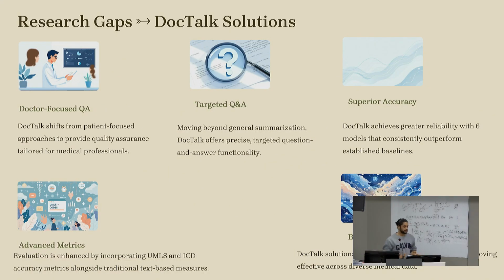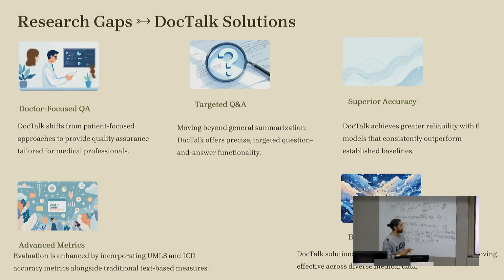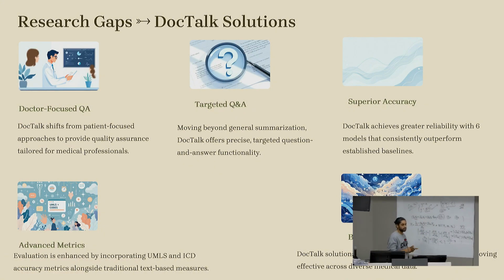So this is the research gap and how I solve it. First, I create the very first doctor-assistive question answering dataset. Then, the targeted question answering only, because many models are not just giving you the answer, they're giving you a summarized answer. If you ask a question, they will give the answer, but they will also add more, which brings hallucination.